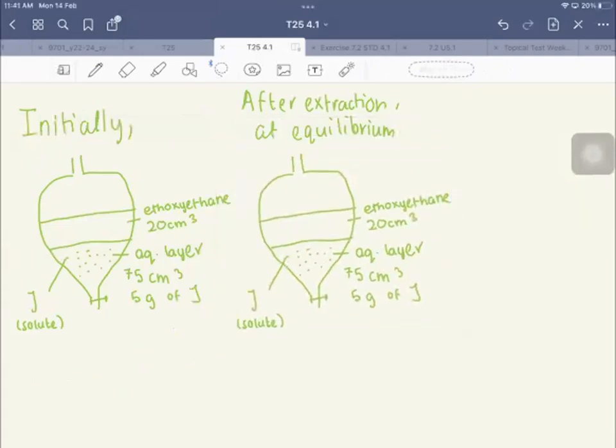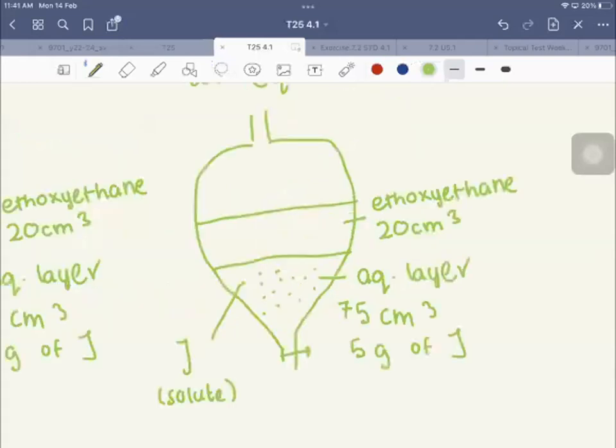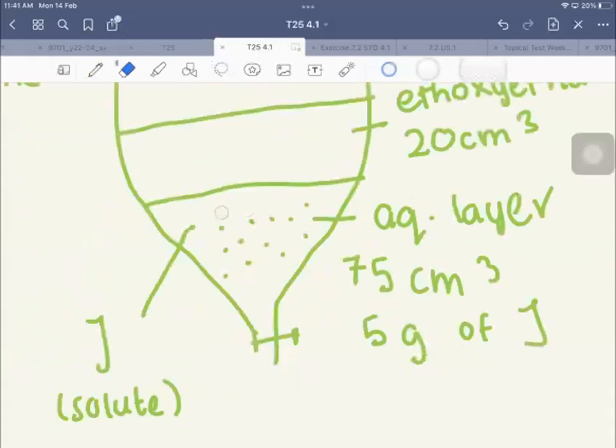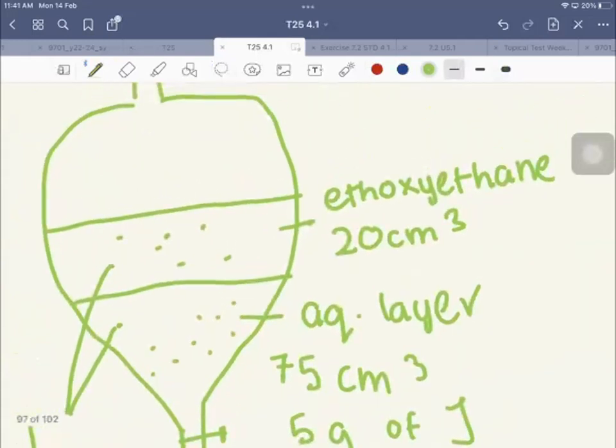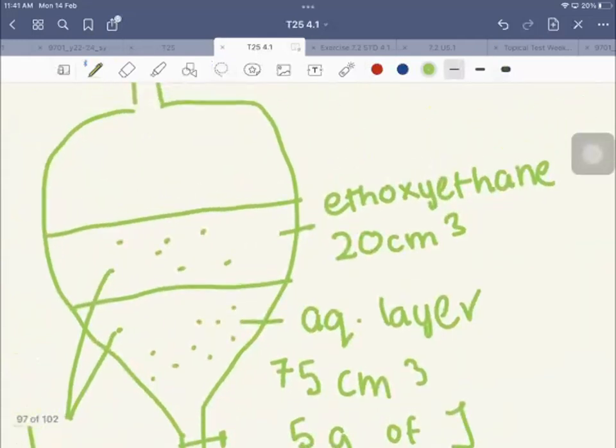Okay, and it was found that 2.14 grams of J were extracted into the ethoxyethane. So that means at equilibrium, I have some of my solutes moving into the ethoxyethane layer. Okay, and it was found the mass to be 2.14 grams.